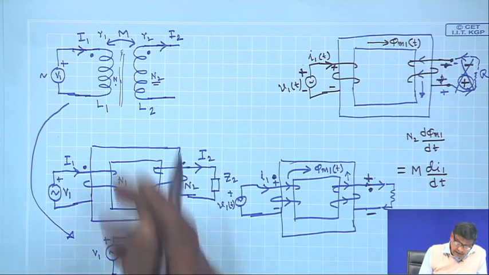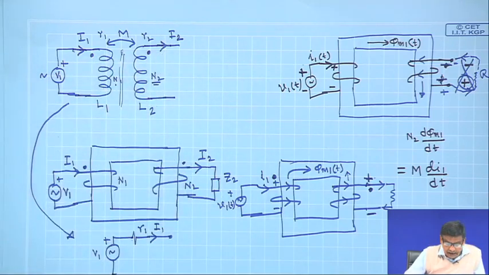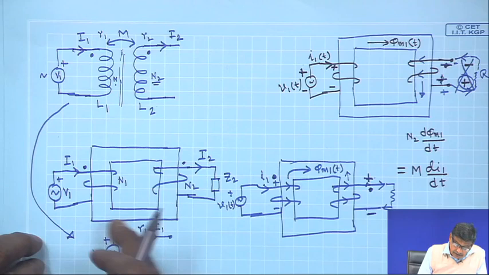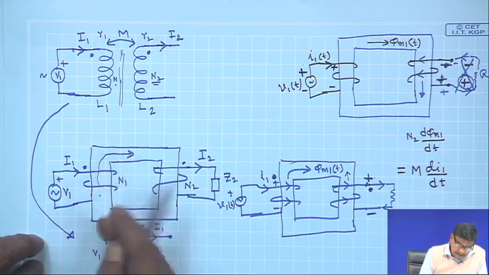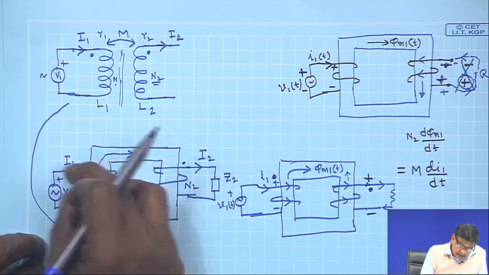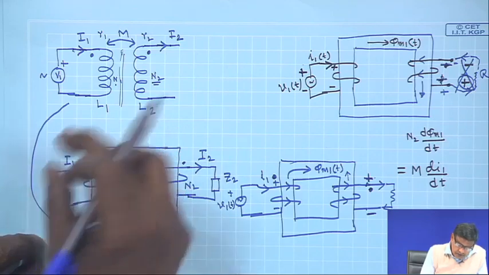Now, here in the primary also the induced voltage will be there, because this primary coil is subjected to a time varying flux and that induced voltage balances this supply voltage, you know that.